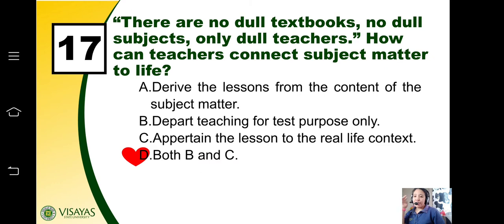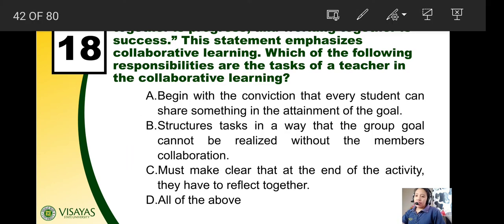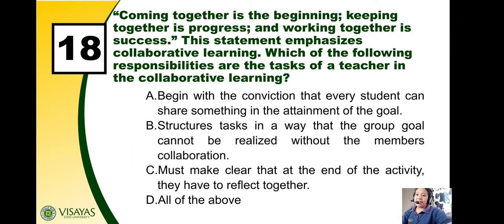Let us have number 18. So the question for number 18 is, coming together is the beginning, keeping together is the progress, and working together is success. This statement emphasizes collaborative learning. Which of the following responsibilities are the task of a teacher in the collaborative learning?